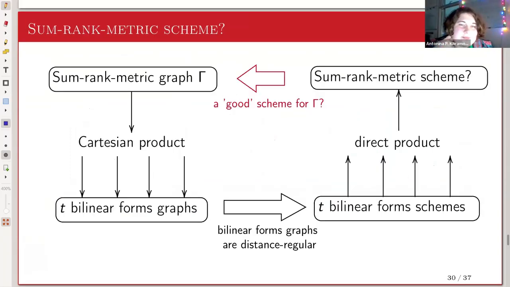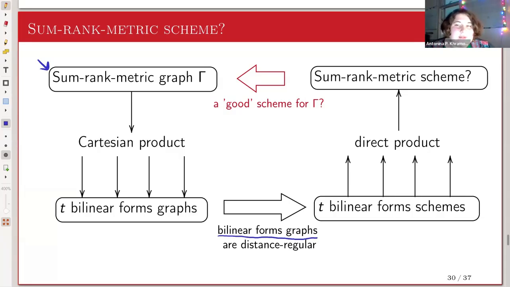So to reiterate, what we did is we started with the summary metric graph. We know that a summary metric graph is a Cartesian product of T bilinear forms graphs. We know that each individual bilinear forms graph is distance regular. So for these T graphs, we can construct T bilinear forms schemes.